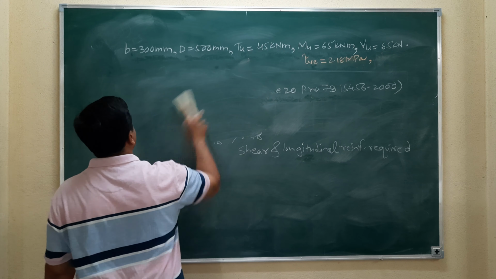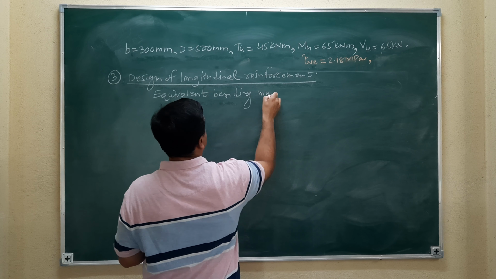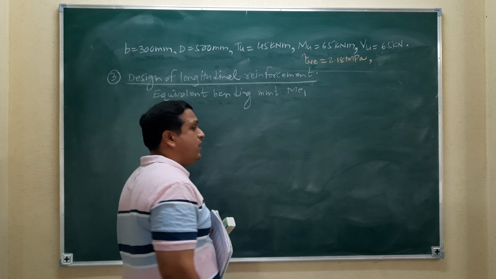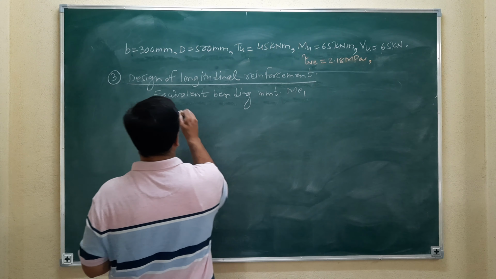Longitudinal reinforcement is designed for the equivalent bending moment ME1. For this bending moment, you have to design the tension steel, the longitudinal steel.